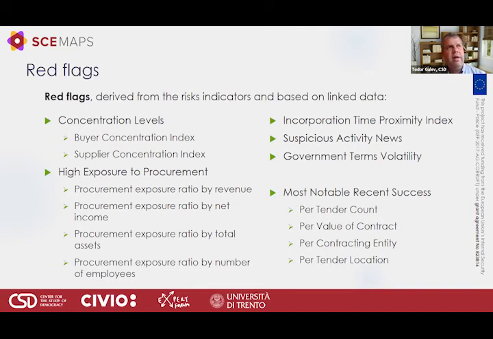So let's say they have something like €500,000 per capita, per single employee, which means that these are companies that do not have enough employees to implement the activities that they actually pretend they implemented.